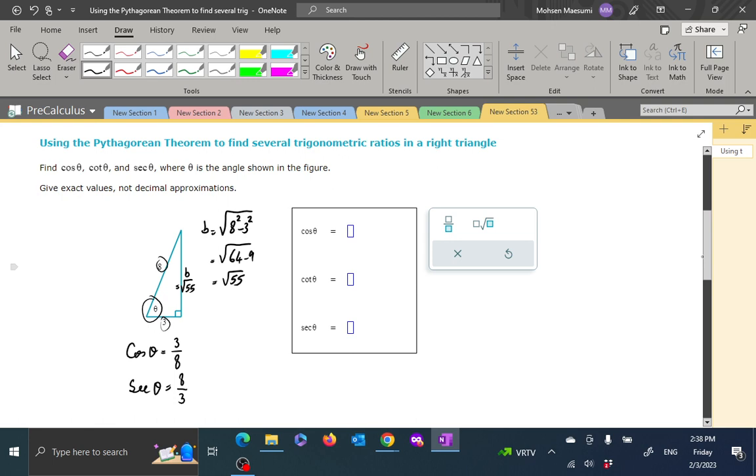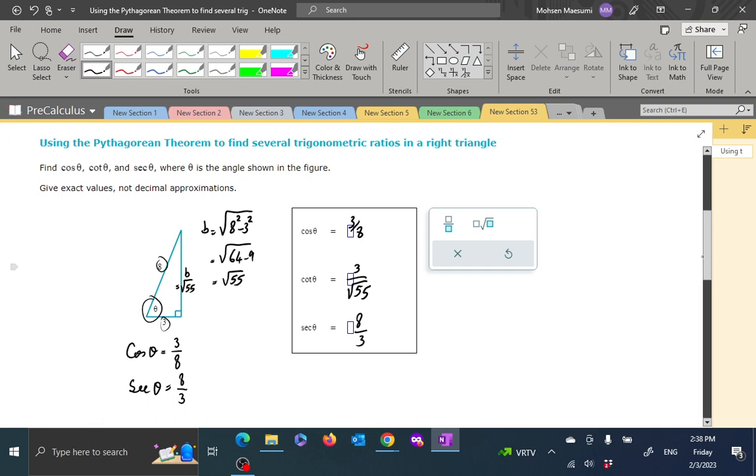So cosine will be the ratio, well, we have it already here, 3/8. Cotangent is the ratio of adjacent to opposite, so this is going to be 3 over radical 55. Secant, we already have, is 8/3. Let's just practice other ones as well.